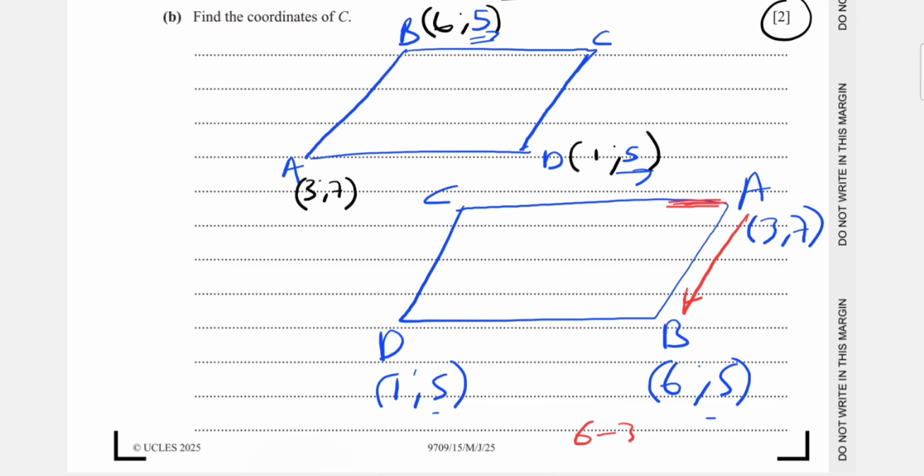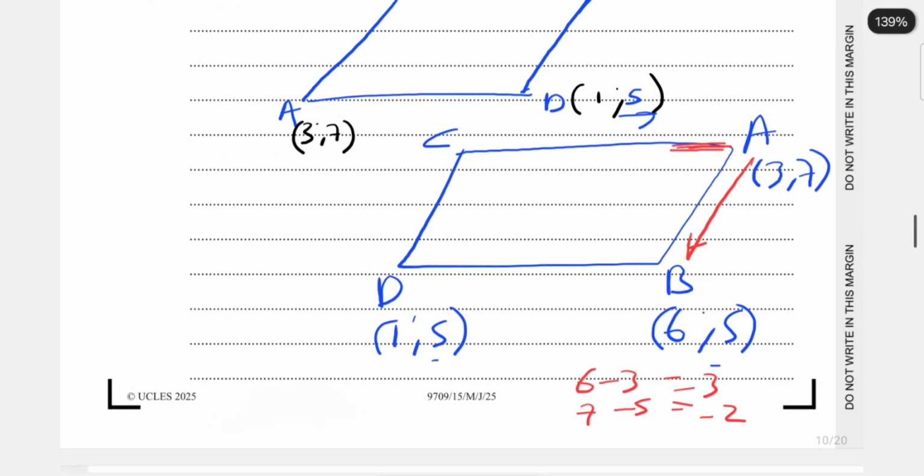It's like 6 minus 3. My diagram is not accurate, but I want to show that we move 3 units. Then to get to 5 from 7, it's 5 minus 7, so we get minus 2. So it's like a transformation. We move 3 units to the right, then minus 2 units, like that.